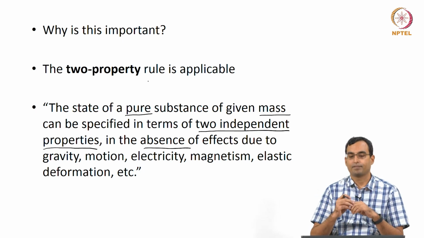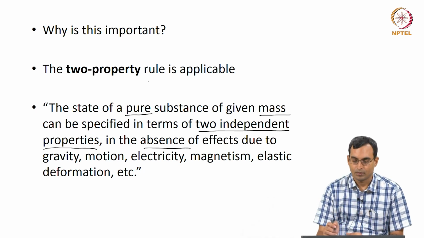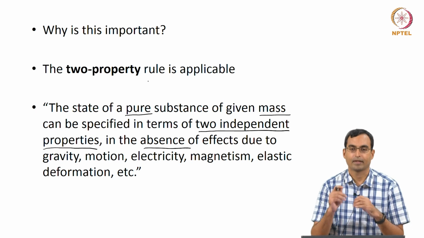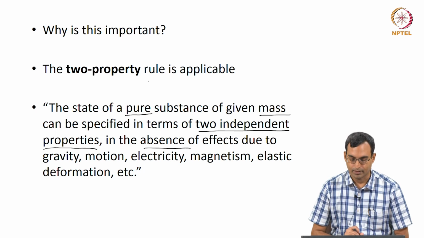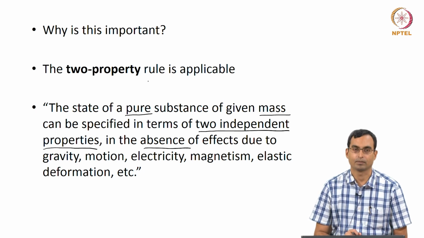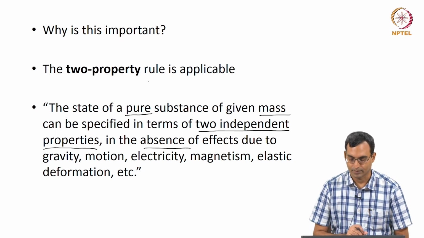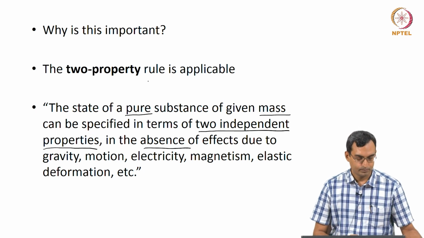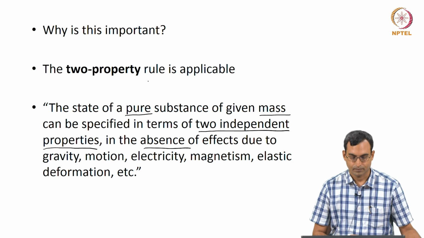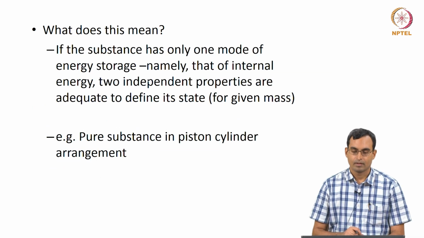If we can define the state, it means we know all the other properties of the substance because the state is unique. So, we need to have two independent properties and then we define the state, and then we can find out all the other properties we need, and then we can do calculations of whatever else we want to find out, such as work or heat transfer or anything else which you are interested in.